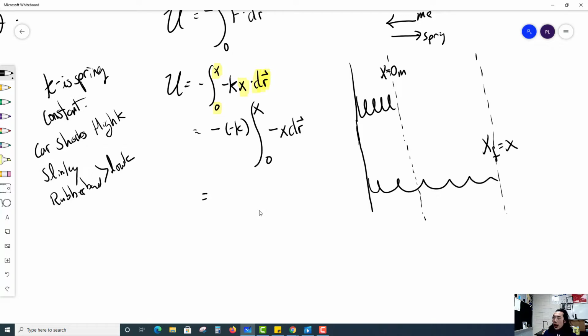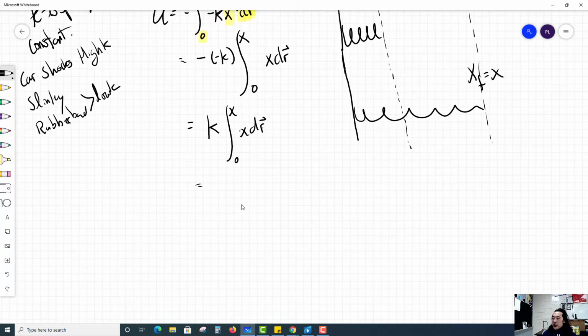So negative times negative gives us positive k. We're going from 0 to whatever that final stretch x is, and oops, I took out that negative, so that should be negative there. So we get x dr, right? And that r is just describing the position. Okay?